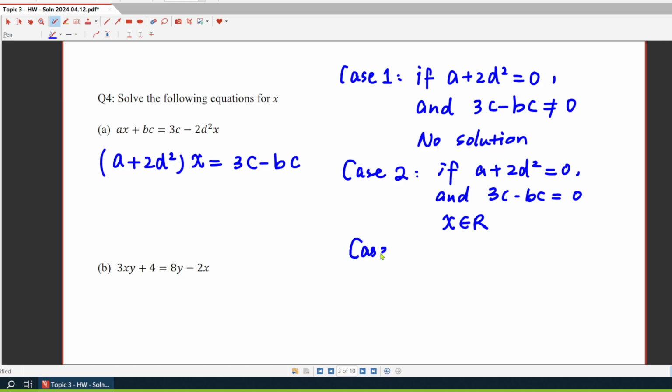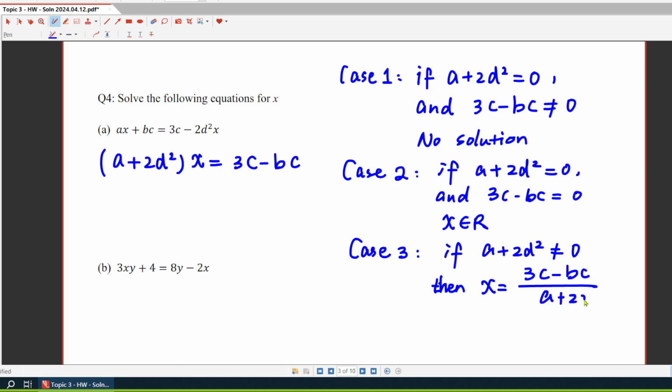And there is another case, of course, case number 3. If a plus 2d squared is not 0, then we can divide both sides using this number here, right? And then in this case, the solution is x equals 3c minus bc over a plus 2d squared, right? You see that?